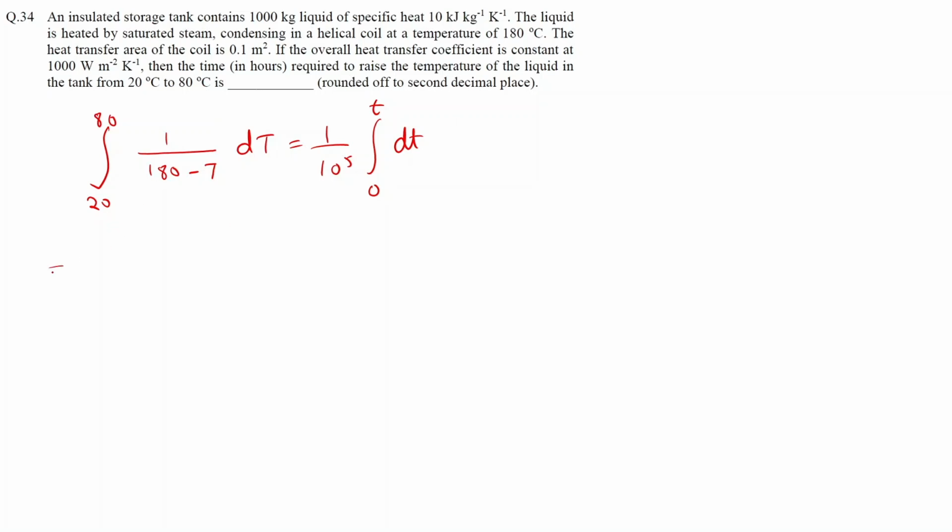We can integrate this as minus ln of 180 minus T, going from 20 to 80, equal to 1 over 10 raised to 5 into t minus 0.